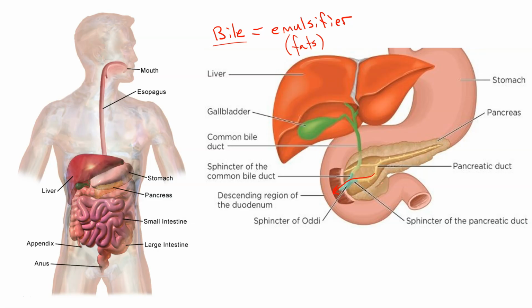Now, when people hear of pancreas, they generally think of glucose regulation. So they think of these two hormones here, insulin, and the other one, which is less known, is glucagon. Insulin and glucagon help to maintain your blood sugar.